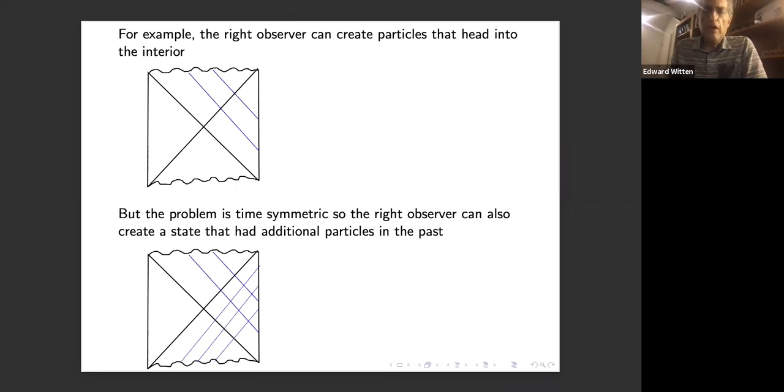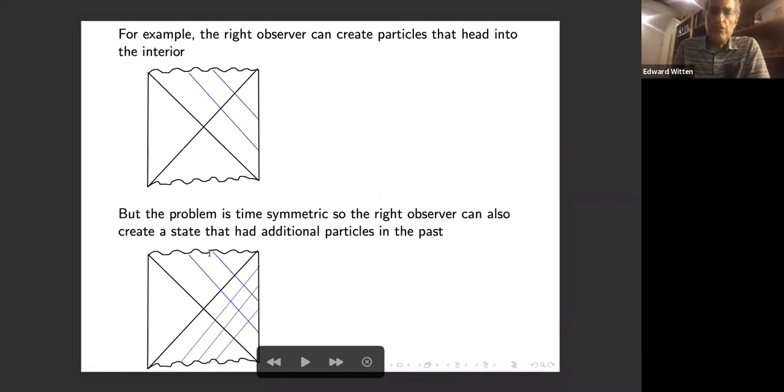But the problem is time symmetric. So the right observer can also create a state that had additional particles in the past. That's less obvious intuitively, but it's kind of obvious from the quantum mechanical point of view. From the quantum mechanical point of view, the most general thing you can do is act with a unitary operator. It's completely time symmetric. So if you can disturb the future, you can also disturb the past.